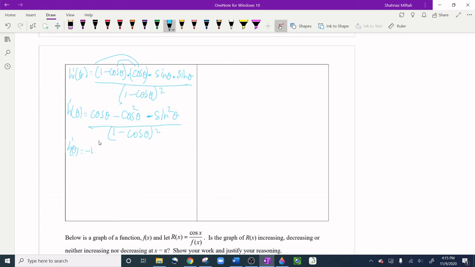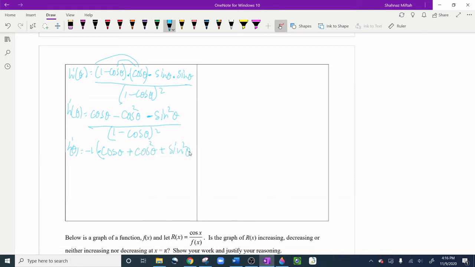I can do -1. So I got negative cosine theta, because negative times negative is positive, and that's what we get for the answer right there, right? It has to be correct, the signs. So now I got negative cosine square theta, then it means I have to have a positive here. Negative times positive is negative right there. And I got a cosine square theta, and the same goes for that one.